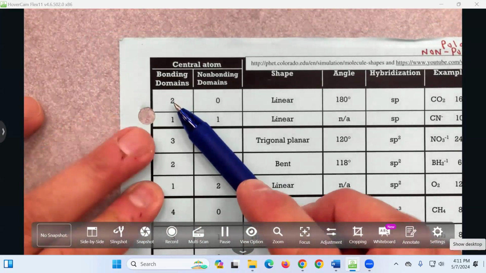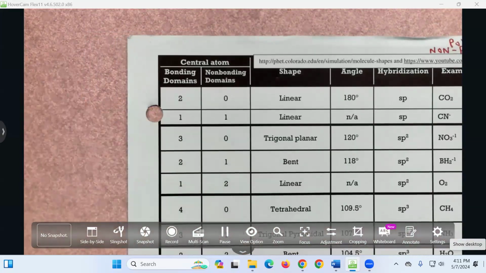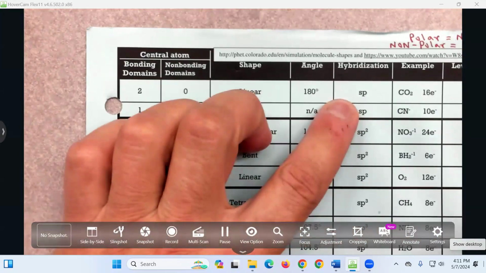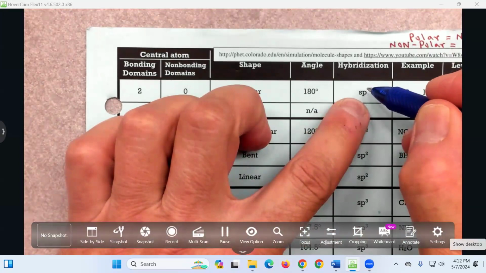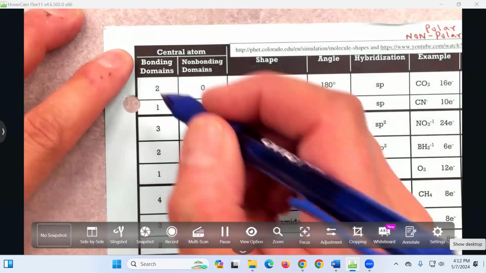Now, what I mean by that is this. Remember, we did 1s2, 2s2, 2p6, and we added up the electrons that were the superscripts up above? Well, this is an s1 and a p1. This adds up to 2, correct? Which is what this is.